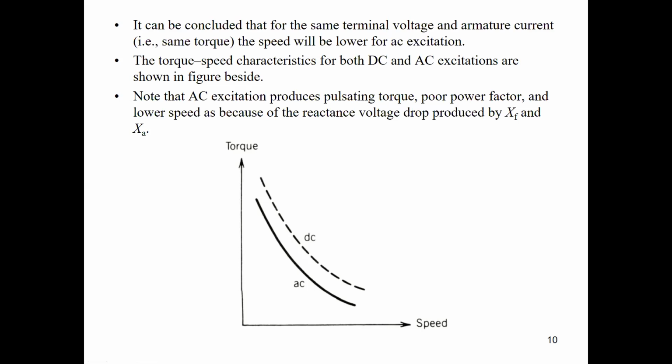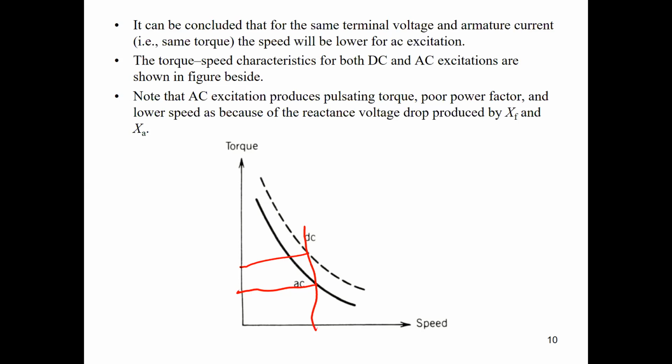If you assume the same speed, assume we have constant speed, you will find the torque at AC is lower than torque at DC, which means the power of DC will be higher than the power of AC. And this is also expected because we have a higher excitation in case of DC supply. Is it clear, Shabab?